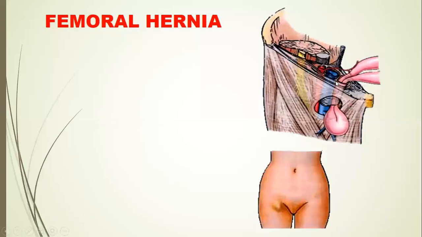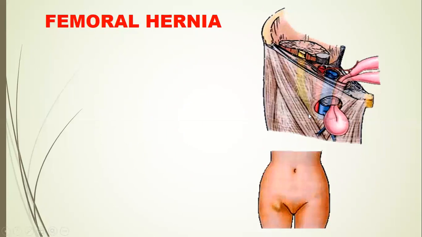So this is the weaker point, the femoral septum depressed, and this is the part of the intestine that follows this weakest area after depression of the femoral septum. It enters into the canal and finally reaches the lower part of the femoral canal.